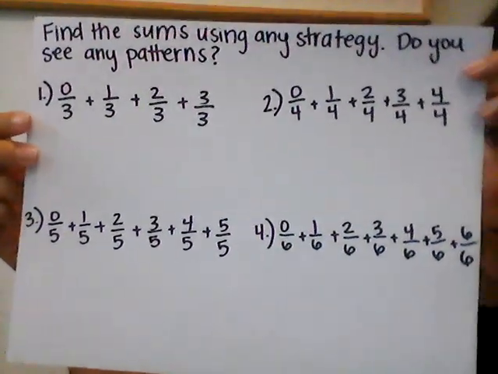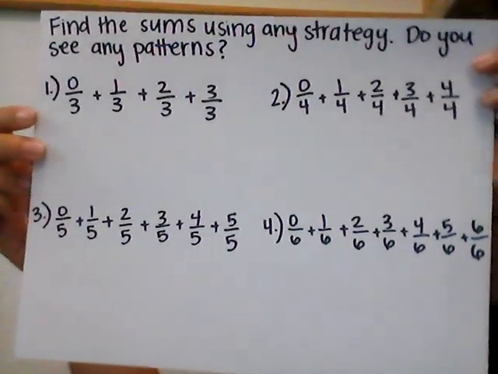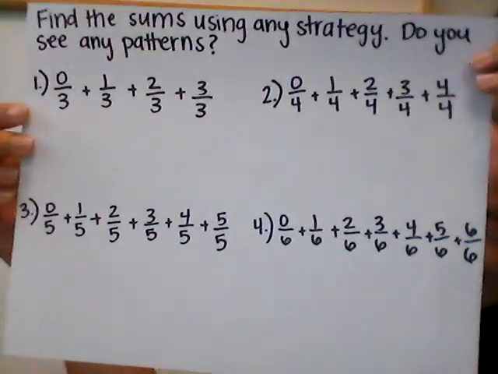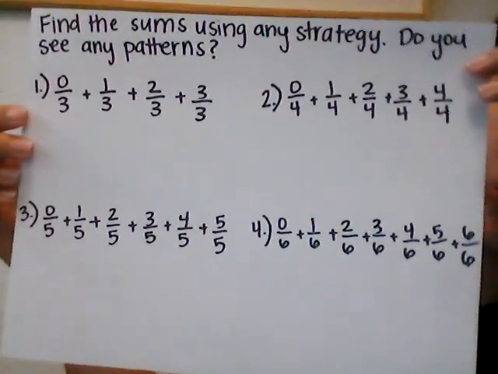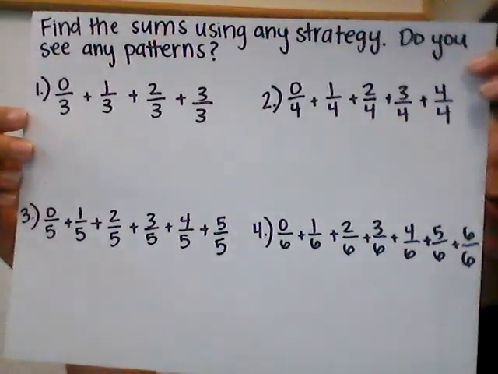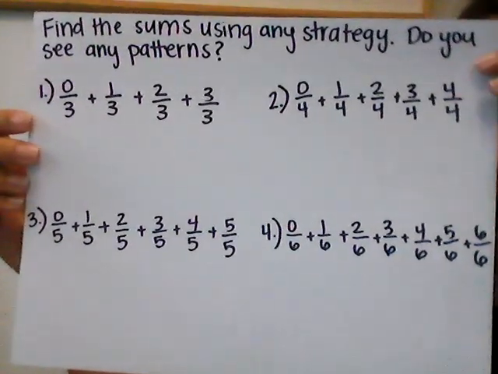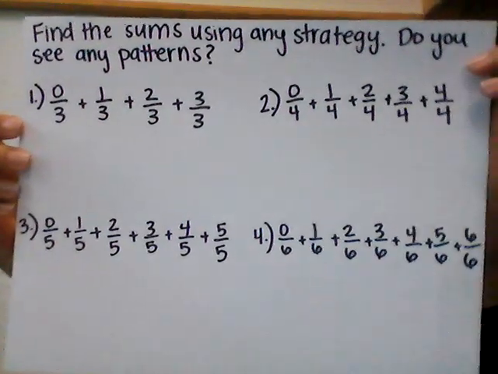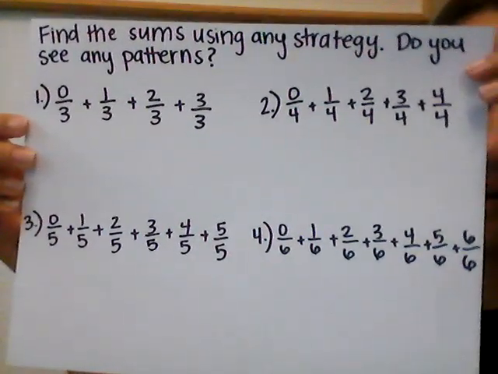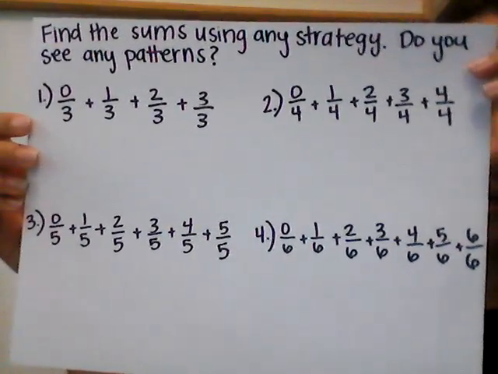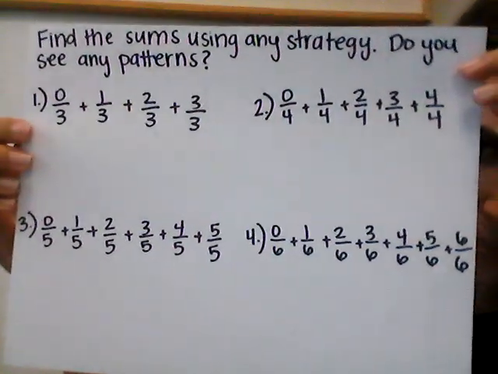Your task is to, first of all, solve this or find the sums of these addition sentences. You should be showing your work on a piece of paper because you will be posting a picture of your work on Padlet for your classmates to see. And I recommend maybe writing in pen or marker, something that will show up easily on a camera.